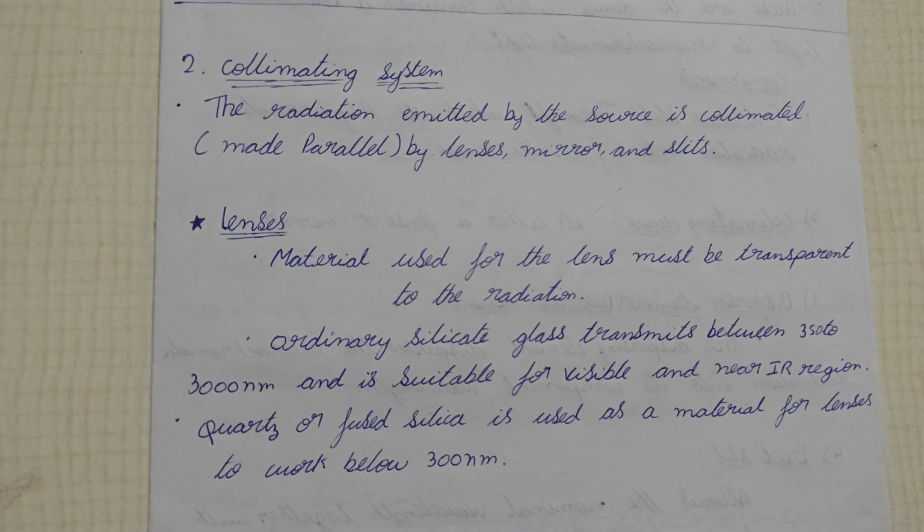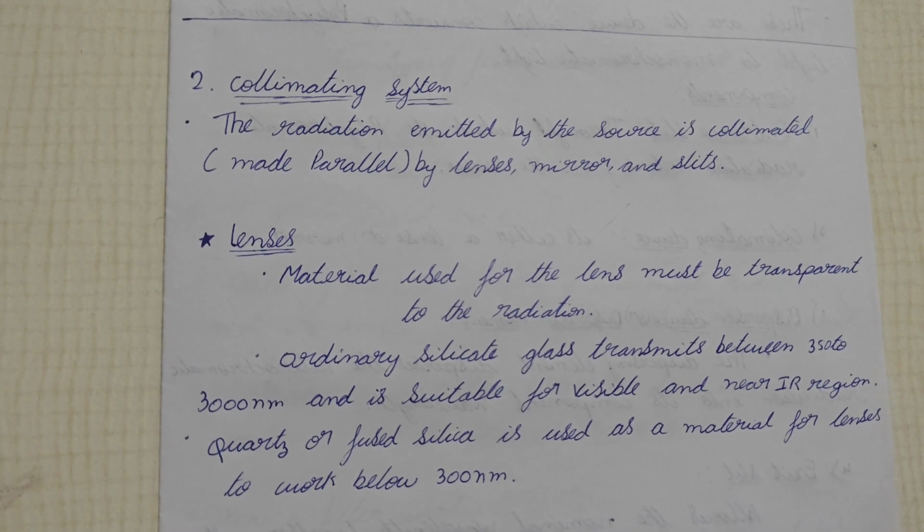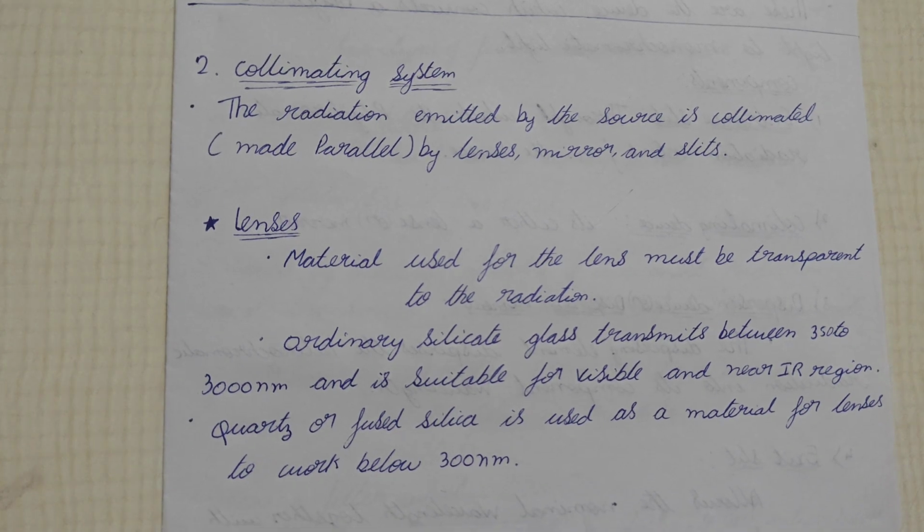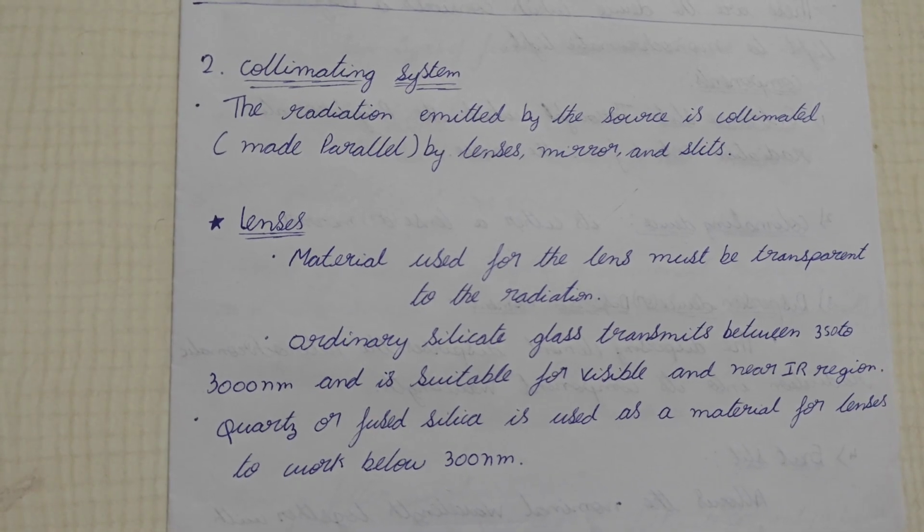If you keep your mind on this particular topic and understand carefully, the next topics will be easier and you can understand them very quickly. I will also not explain this monochromator or collimating system in the upcoming instrumentation, so for this video you should be very careful and focus on this topic.